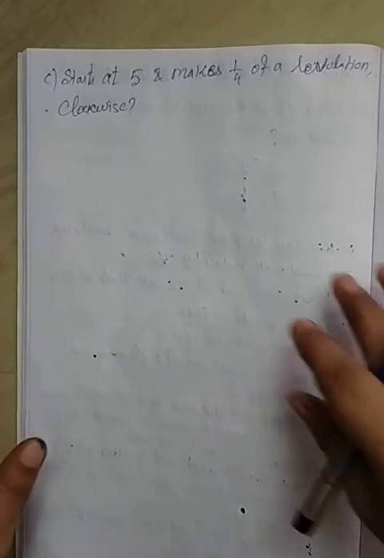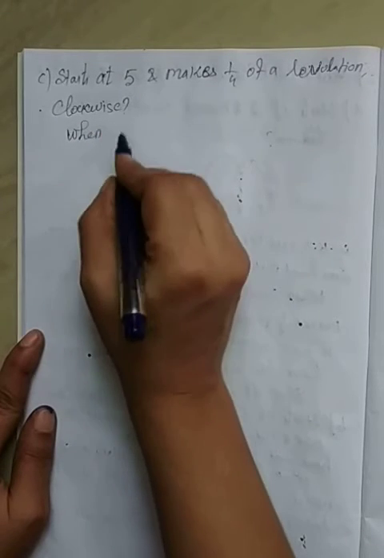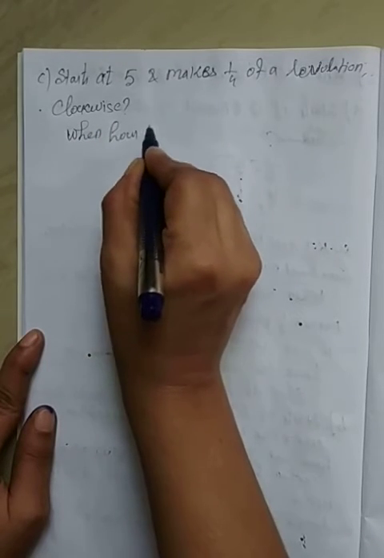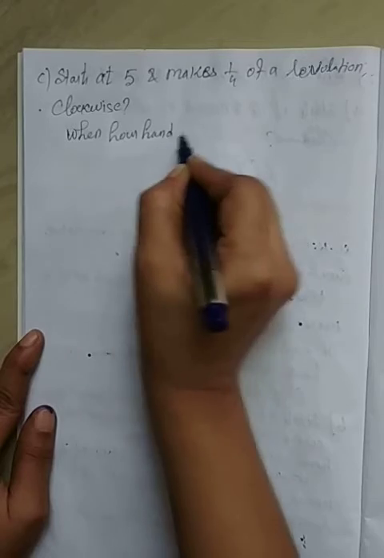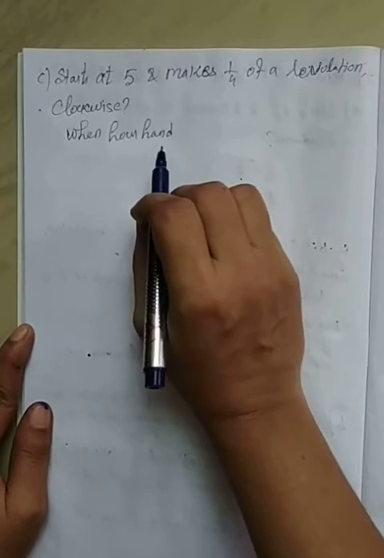In this problem you have to write the same line. We know that one complete clockwise revolution, our hand will rotate by 360 degrees. This is common for all problems. After that you have to write the steps. Step marks are important, that's why I write the steps in every problem.